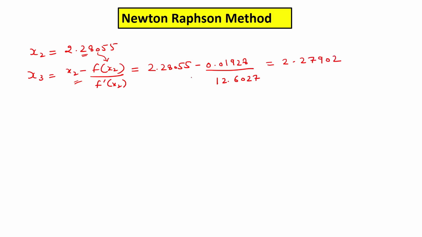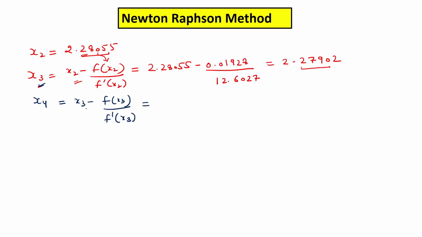2.27902. Okay, so again we can see here we have 2790 and here it is 2805. That means these 4 digits are not matching. So again, we will not stop at x3, we will find the value of x4. So now we will find the x4 and we will use this x3. That means x3 minus f of x3 upon the differentiation of f at x3.